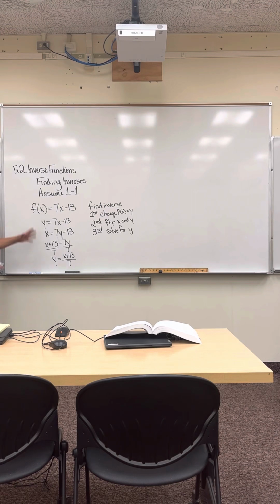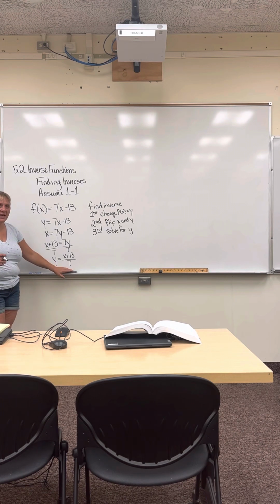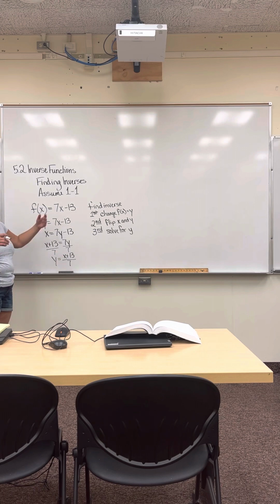So we have flipped everything around and solved. And as you can see, it does have the opposite operations. There was a subtraction here, there's an addition here, this was multiplication, now there's division. So when you're doing this, it should contain the same numbers. If you ended up with like x plus 520 over 2, you probably did something incredibly wrong. So the same numbers, just in a different format here.